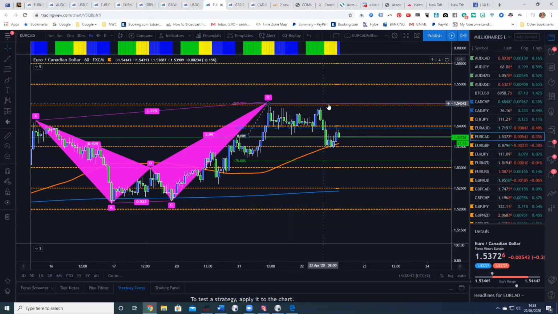And what I liked about this one today was that you've got the quarter theory, which, as I say, is an aggressive line of support or resistance running just by that D point. You can see how price has had trouble breaking through that, it's respected it, and that helps push the price down, and indeed it's done that.